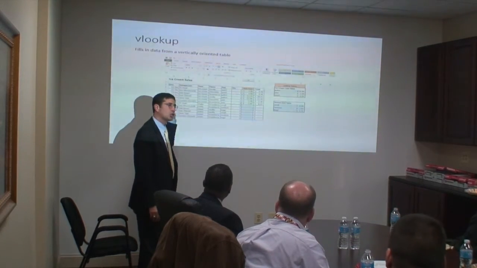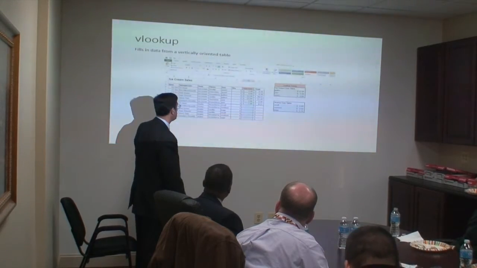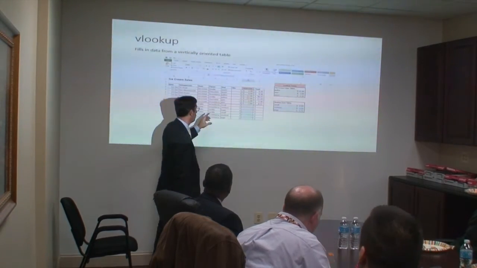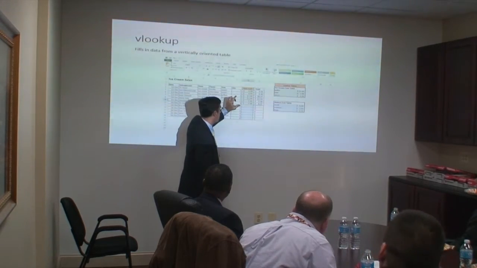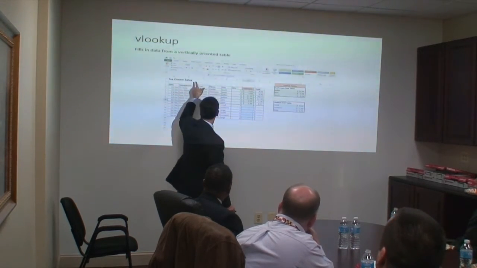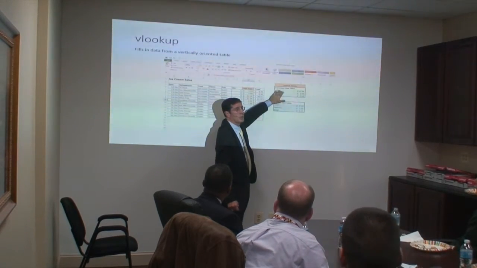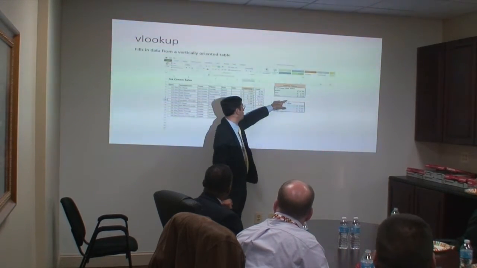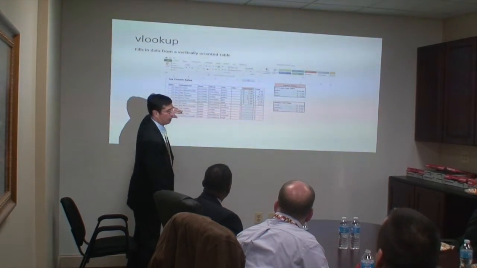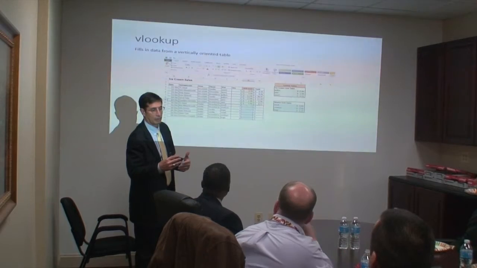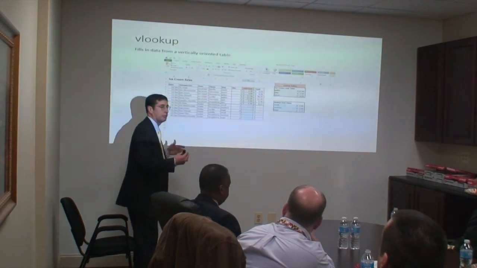There's also an HLOOKUP that does the same thing for horizontally oriented data. So in this instance, and I've color-coded things here, these green shaded cells are using this VLOOKUP command, pulling from this vertically oriented table to get the prices for ice cream. I saw this in an example in a training book I had, so I thought it would make a nice example.